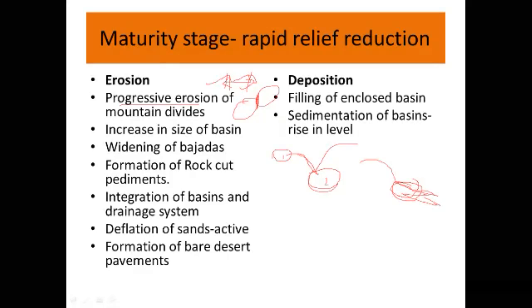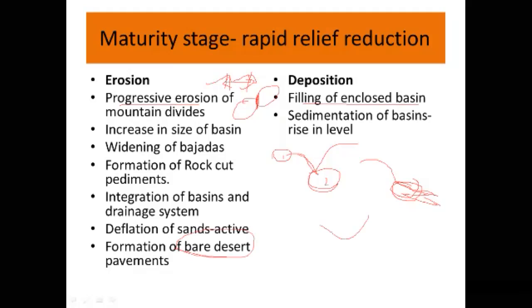And deflation of sands becomes very active. Sand erosion is happening very actively in this region, and this makes the desert surfaces bare pavements. Bare desert surfaces are created because of this excessive erosion. And deposition is also happening, so filling of enclosed basins is happening.